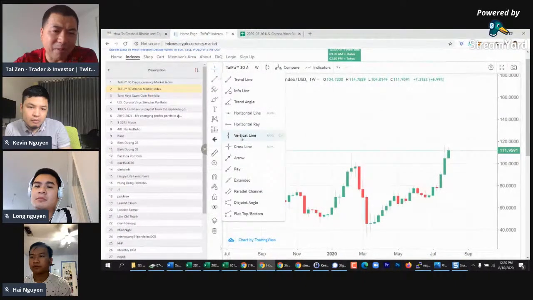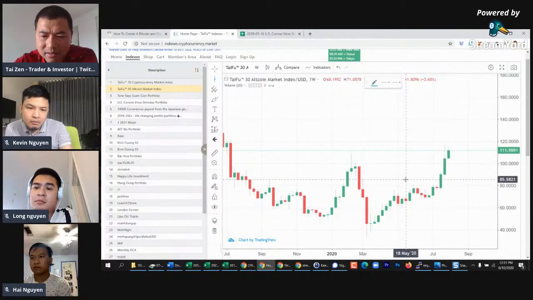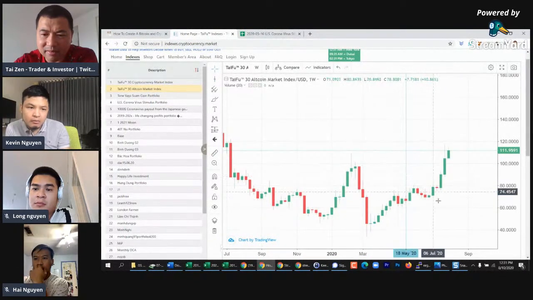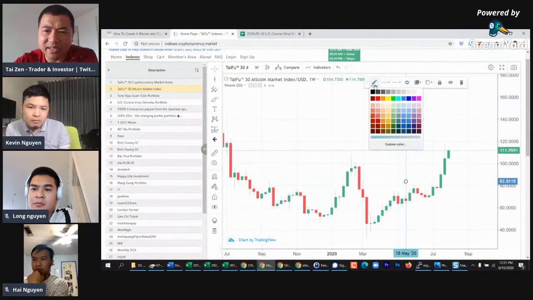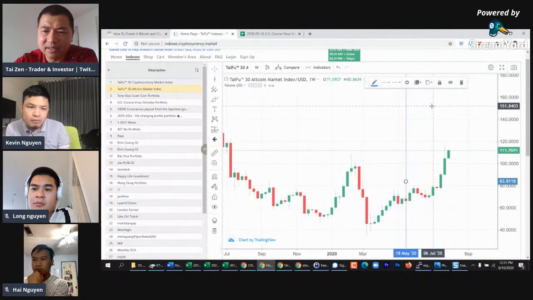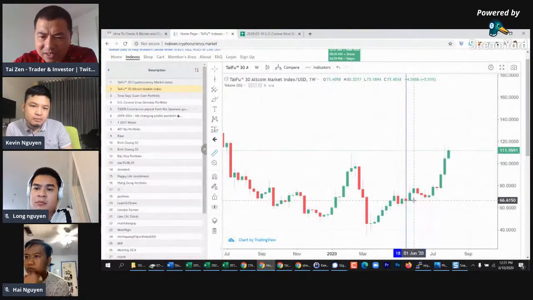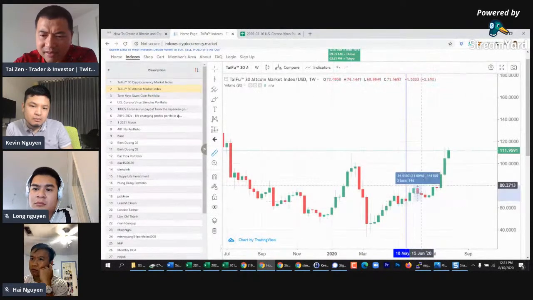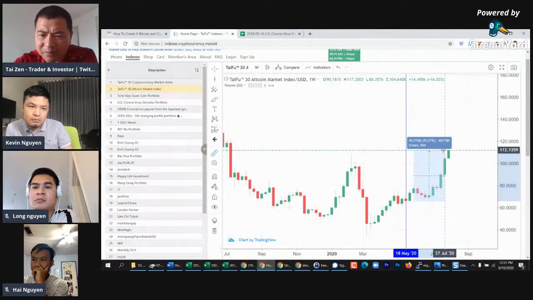So what I'm gonna do here is grab a vertical line and put it on May 16th, which is somewhere around here, right there. And I'm just gonna make this a little bit darker in case you guys are looking at this on a small screen. From there, if we measure from just the closing price up to where it's at right now, it's up about 70%.